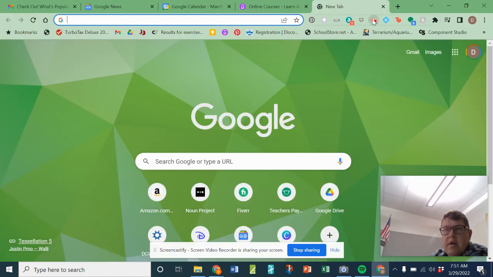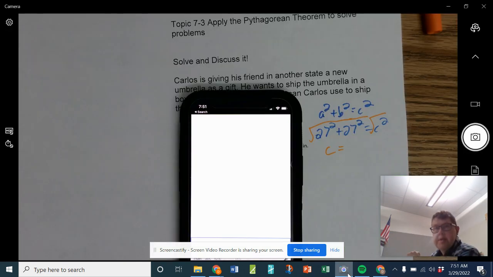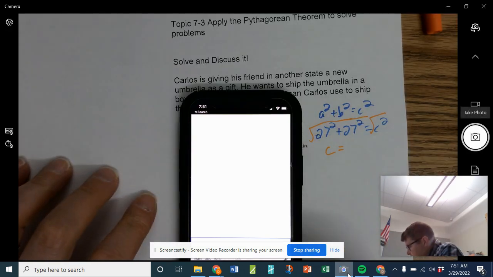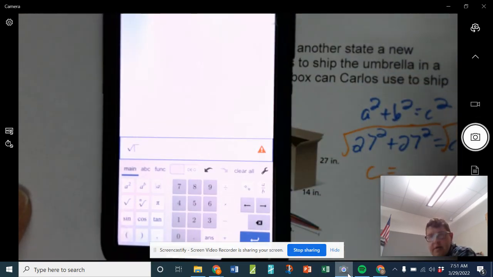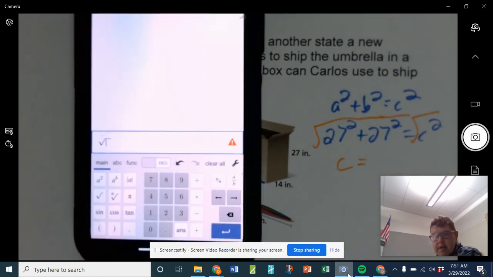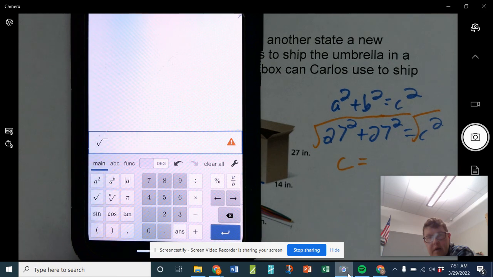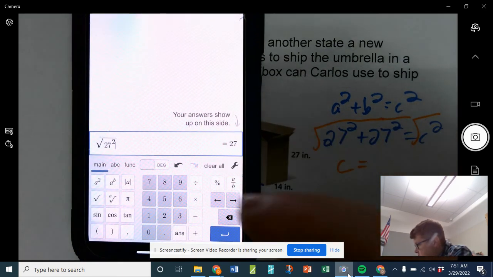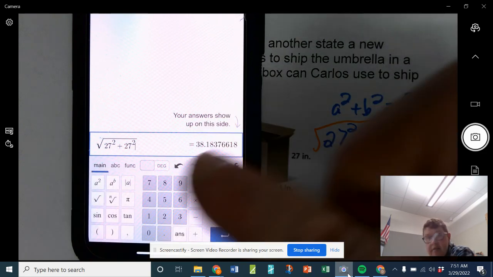Okay, so we can just put this whole thing into the Desmos calculator. Let me zoom in because the glare is not awesome on this. We'll put in the square root of 27 squared plus 27 squared, and this will take care of the whole thing for us.